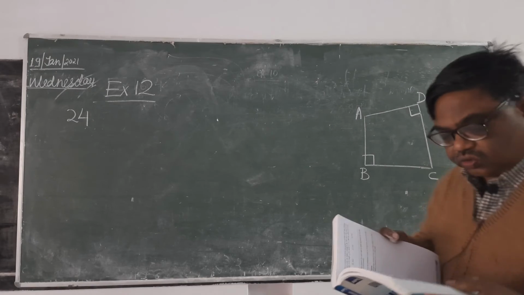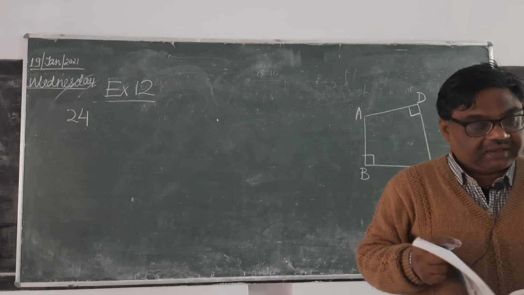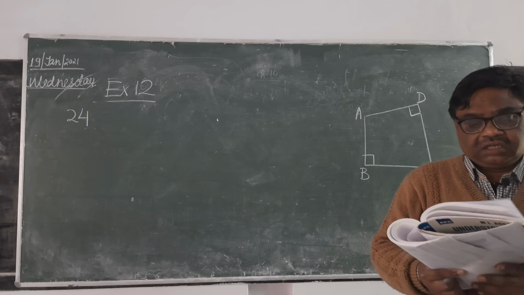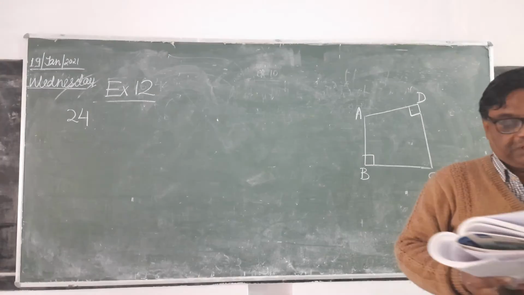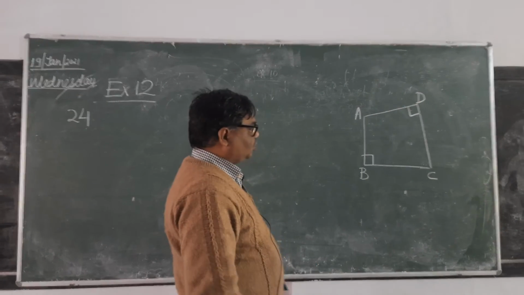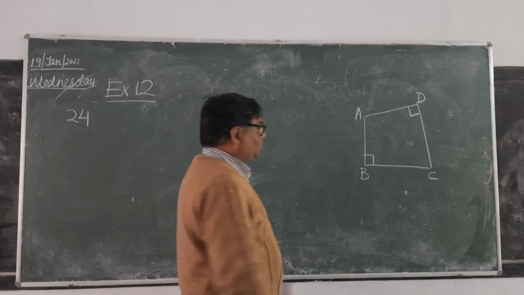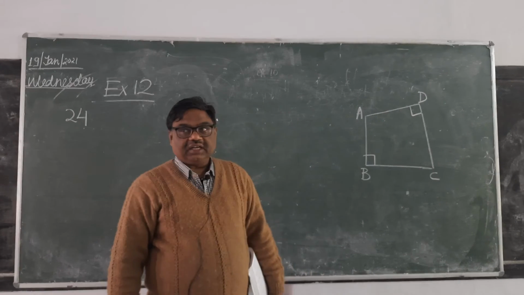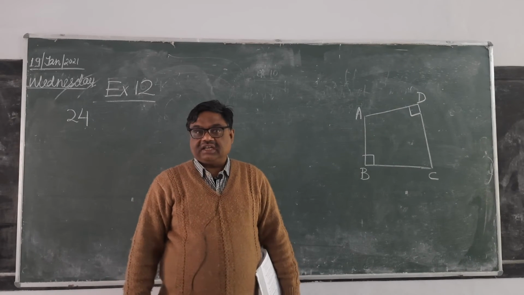Now all of you see question number 24, page 256. In a quadrilateral ABCD, angle B equals angle D equals 90 degrees. Here you can see this is a quadrilateral. Angle B is 90 degrees and angle D is 90 degrees.